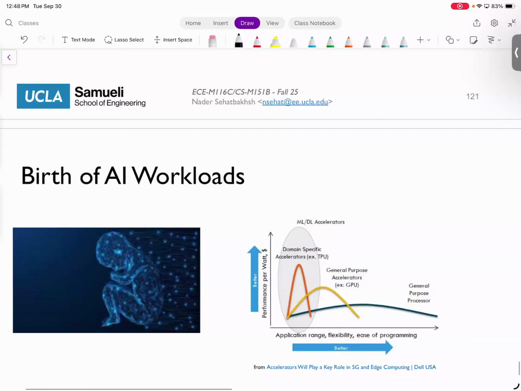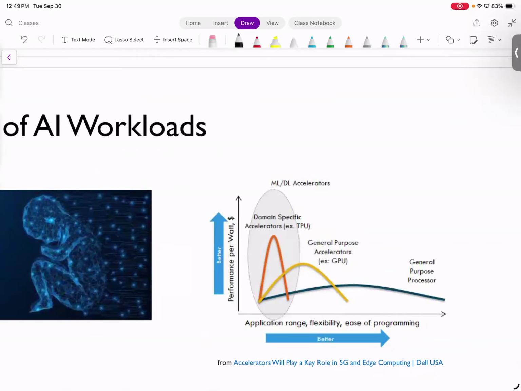This also changed the way we think about computer architecture, which used to be just general purpose. That gave you ease of programmability and flexibility, but unfortunately it didn't give you the performance per watt that you want. But then you can go to massively customized designs like TPUs or accelerators, which don't give you programmability or flexibility at all.